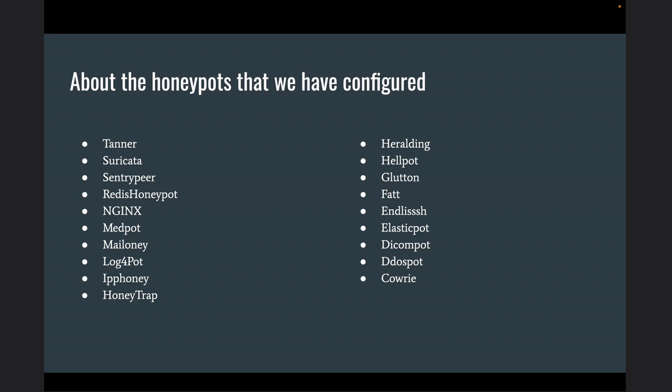If there are any vulnerabilities in FTP, the attacks can be FTP brute forcing, FTP command injection, or attempts to exploit FTP vulnerabilities. Endless SH is focused on monitoring SSH attacks. Elastic pot can attract attacks targeting vulnerabilities in Elastic Stack components.